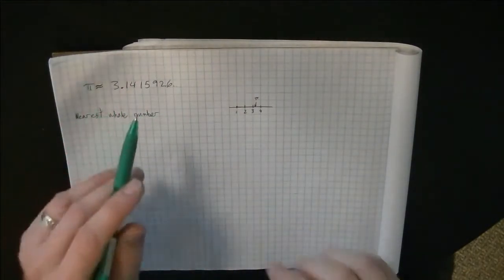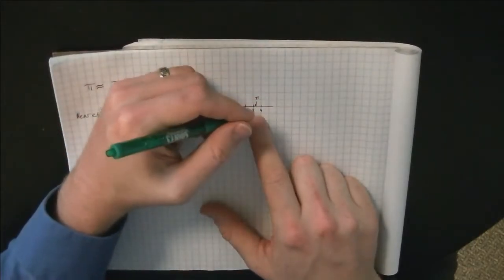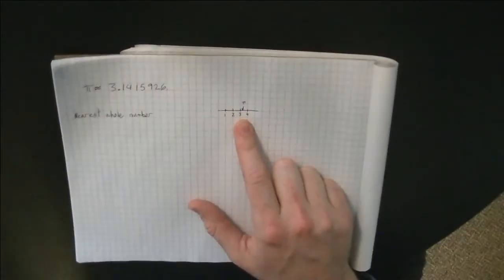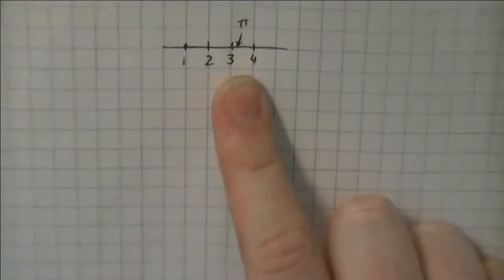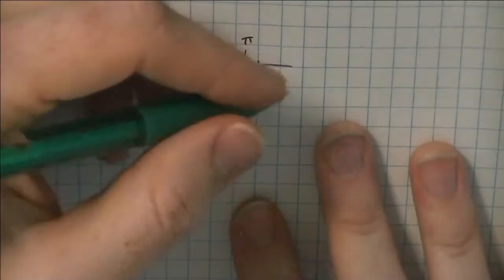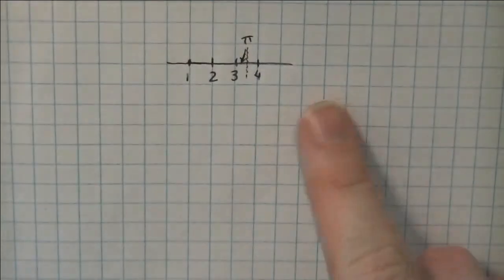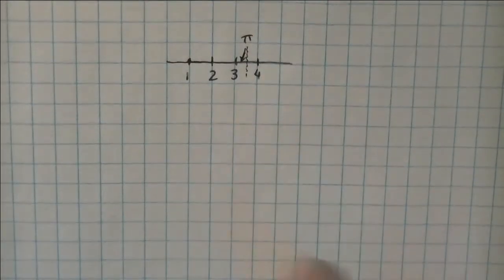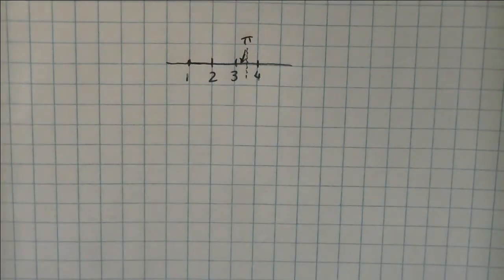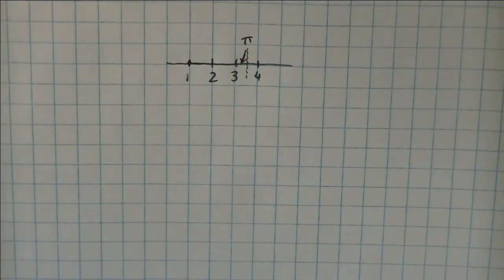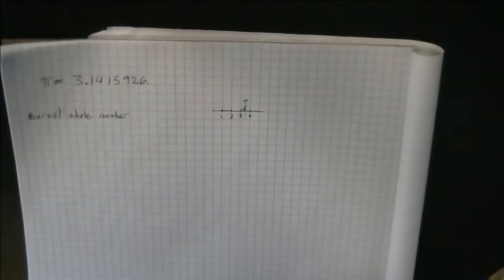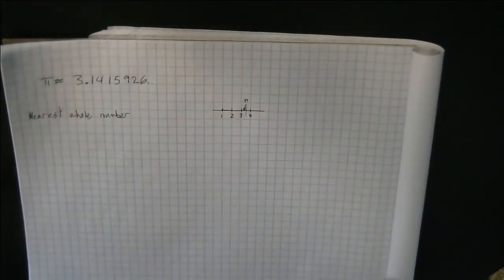The idea here is, if we look back at our number line, if we are more than halfway towards 4, then we would round to 4. But if we're on the other side of that line, we're rounding down to 3. So, since we are closer to 3, how do we know that we're closer to 3?